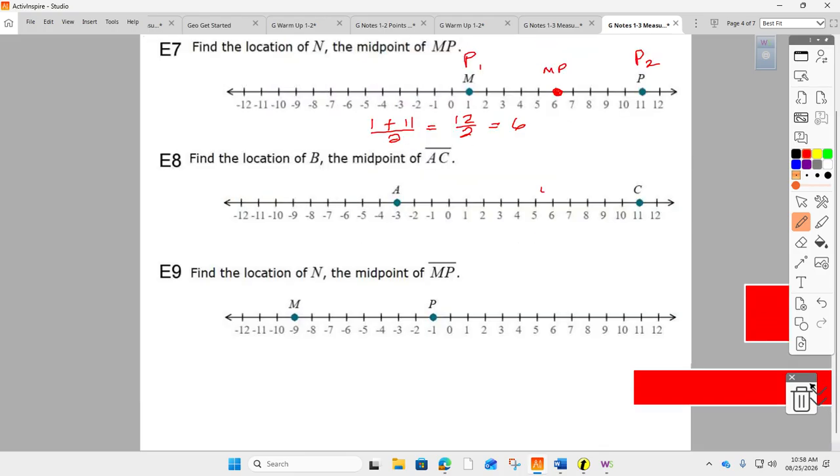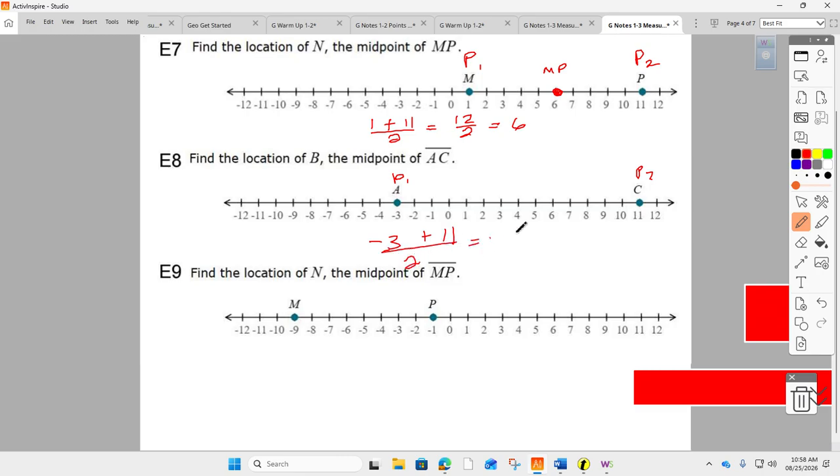All right, what's the midpoint between points A and C? Doesn't matter which one you designate, and I don't care if you write P1 and P2 over them. Just for these first couple, I'm doing that to make sure you understand what we're doing. We take the location of point A, it's at -3. The location of point C, that's at +11, and we divide by 2.